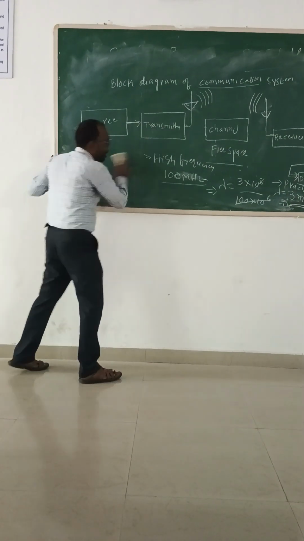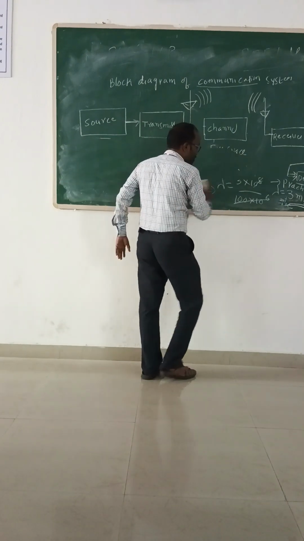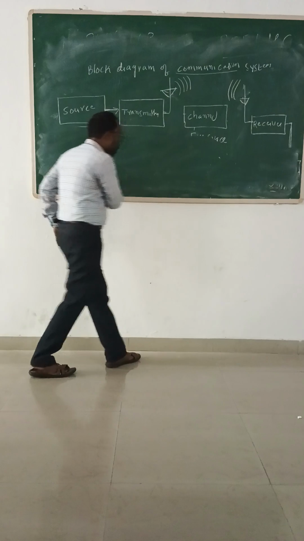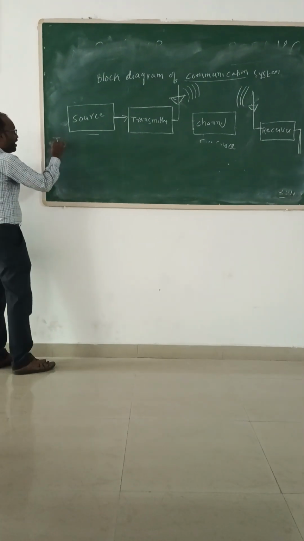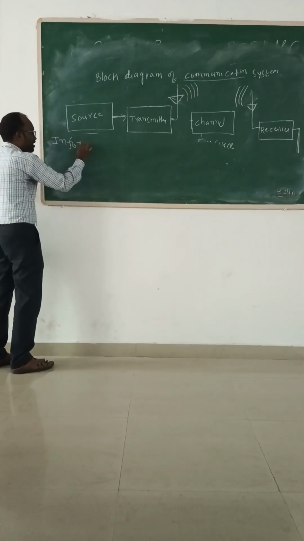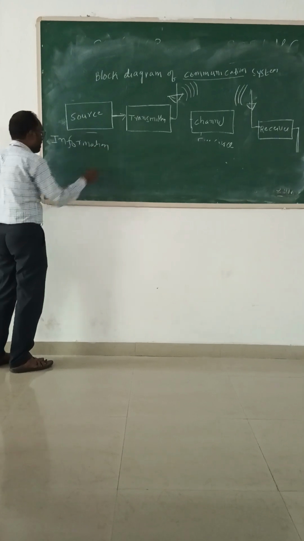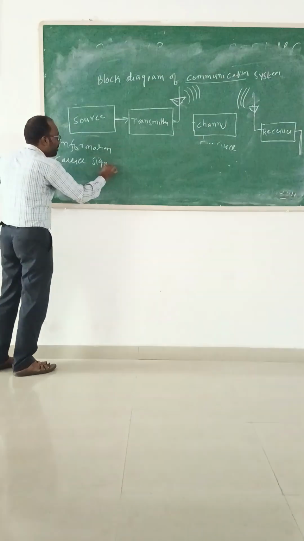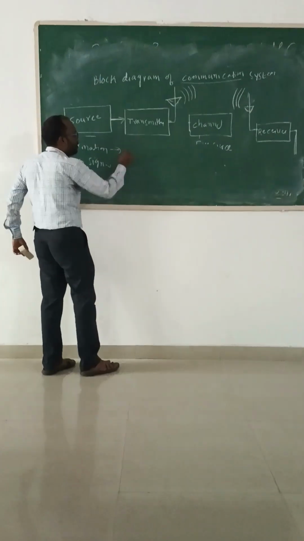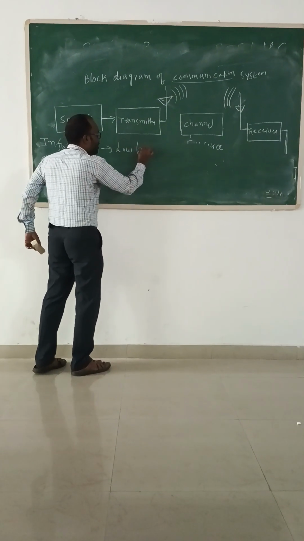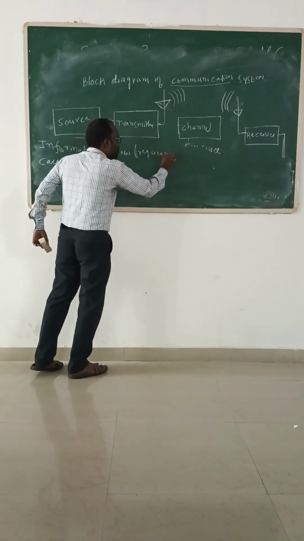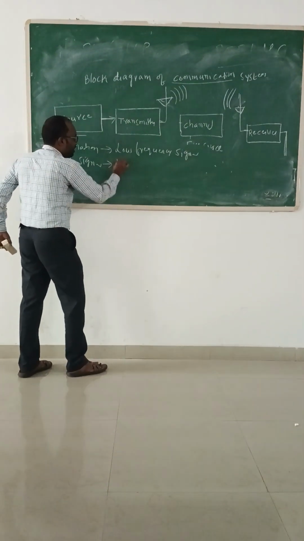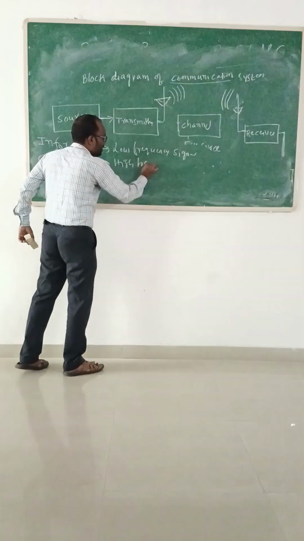But according to the communication system, in order to do the modulation, we require an information signal, that is the message signal, and we require a carrier signal. The information signal is a low frequency signal, and the carrier signal is a high frequency signal.